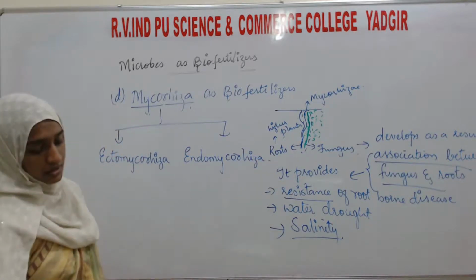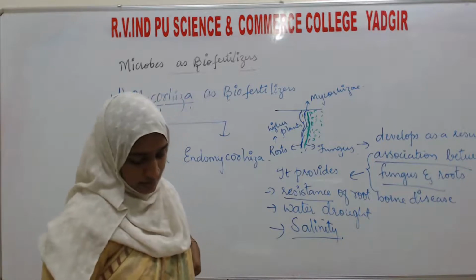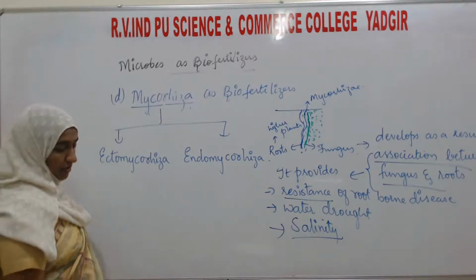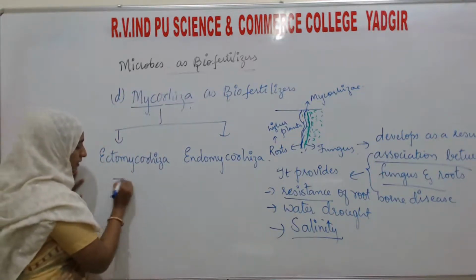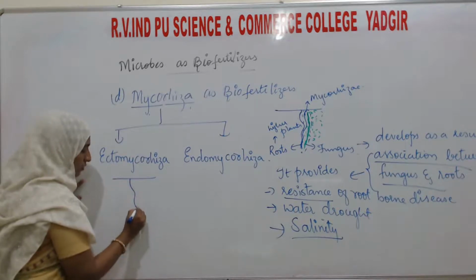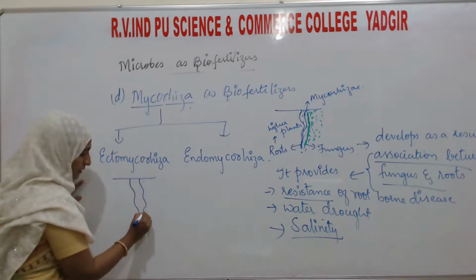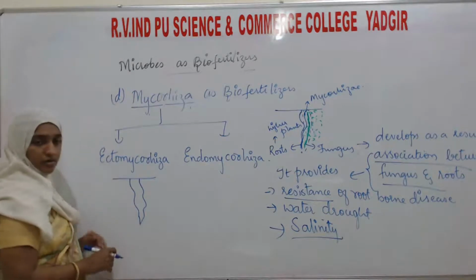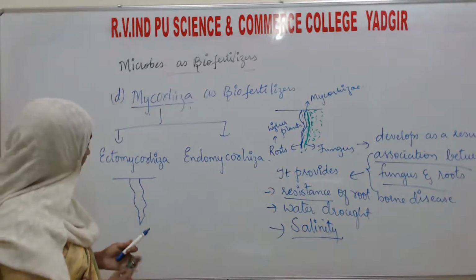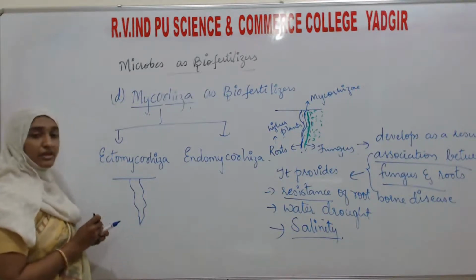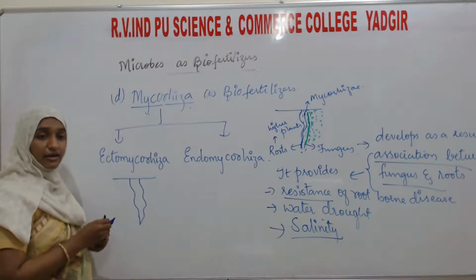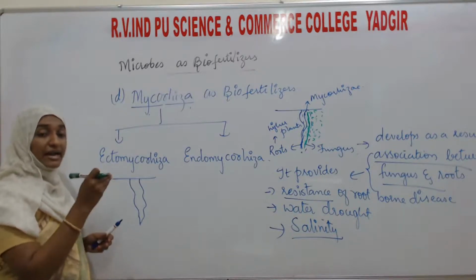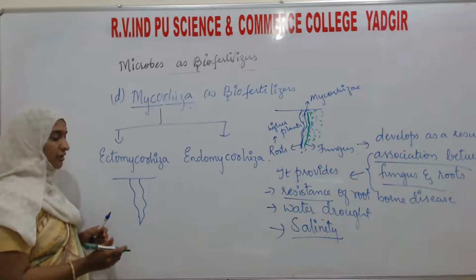Okay, here in ectomycorrhizae, the fungal mycelia form a mantle on the root. This is the root. Here the fungal mycelia, whatever the hyphae, mycelia will be there, they are going to form a mantle. Mantle means one covering they are going to form.